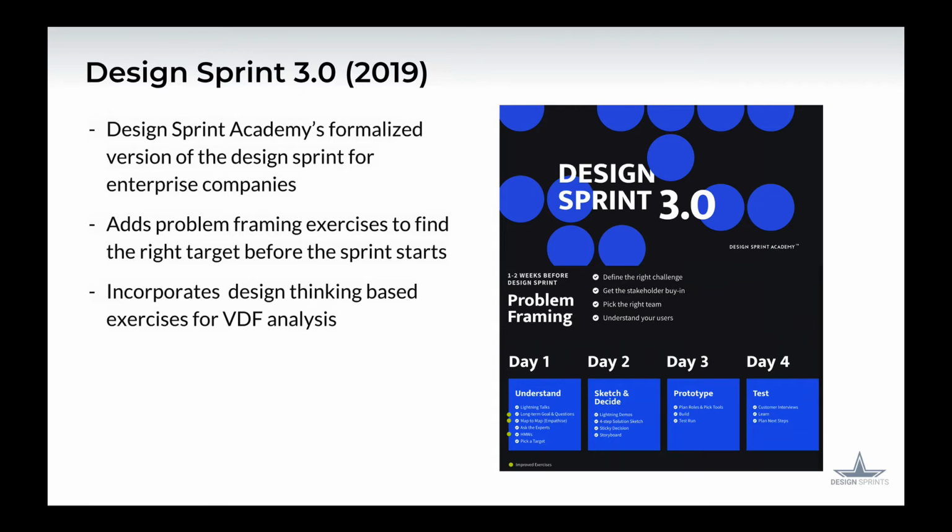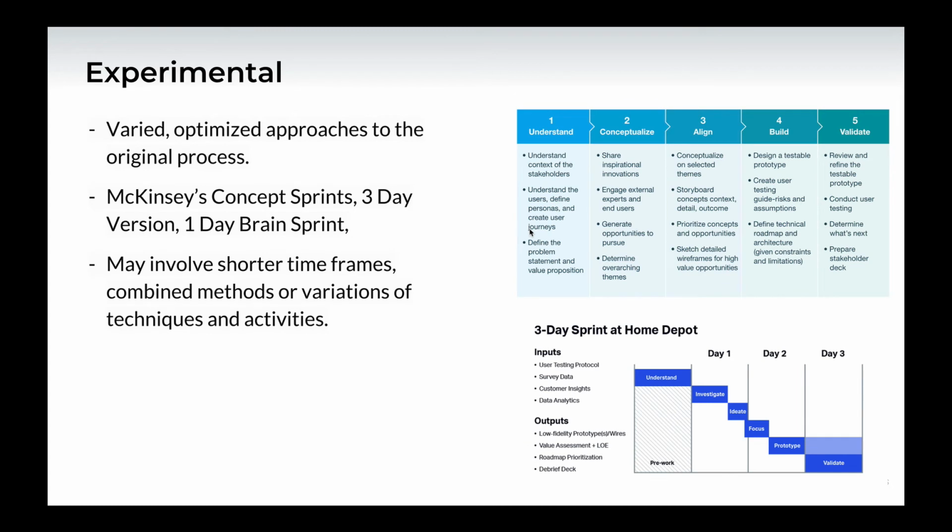Another classification of the design sprint process that's gaining in popularity and approach is experimental, meaning that you basically take what you know of the design sprint process and mix it or change it based on either the context or the methods that you are familiar with.